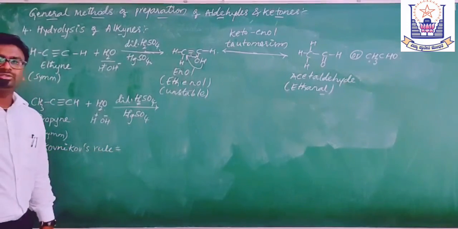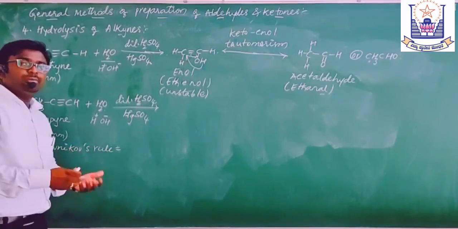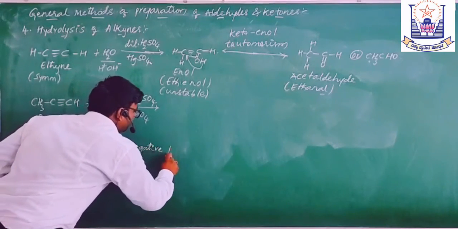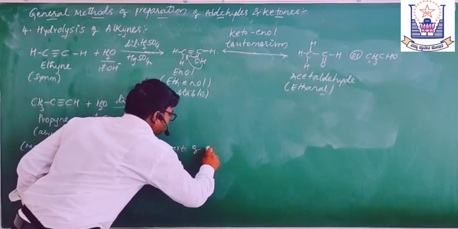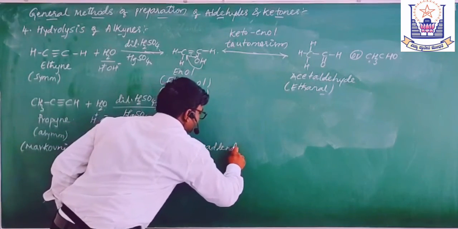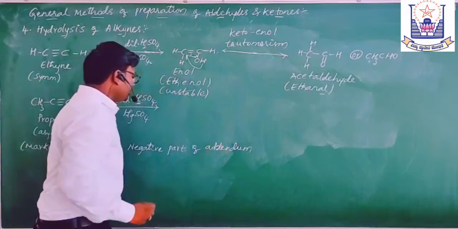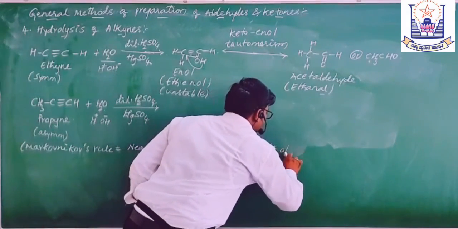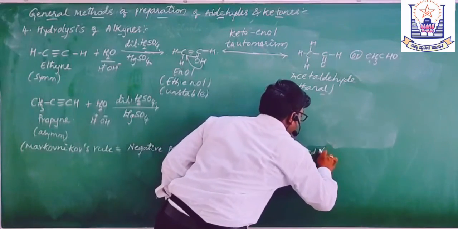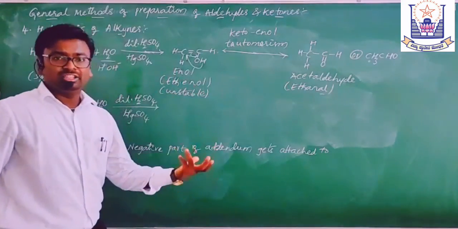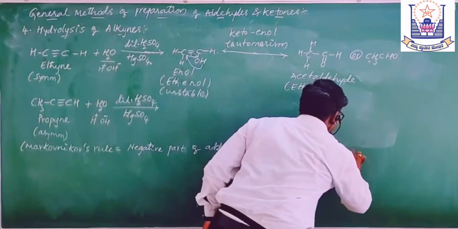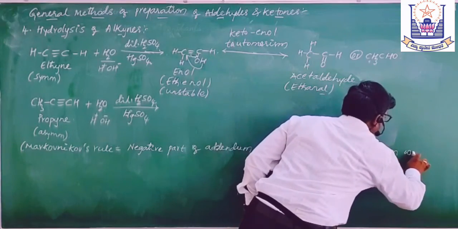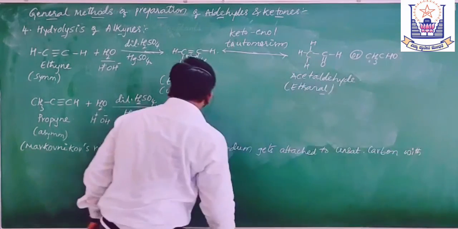It states that the negative part of the addendum gets attached to the unsaturated carbon with fewer hydrogens.